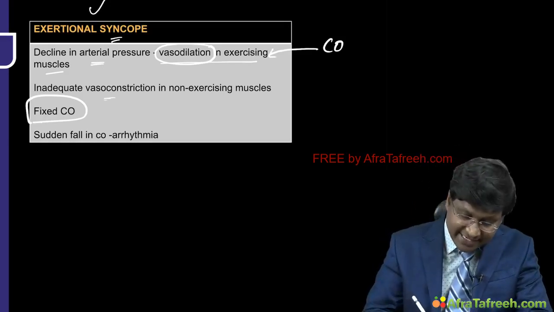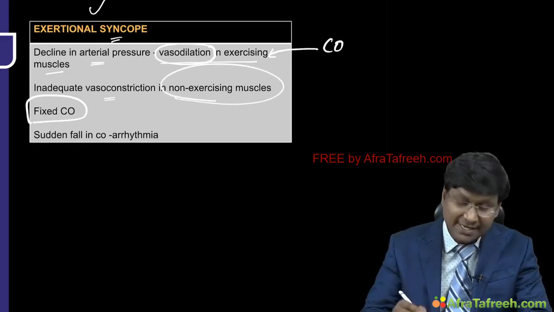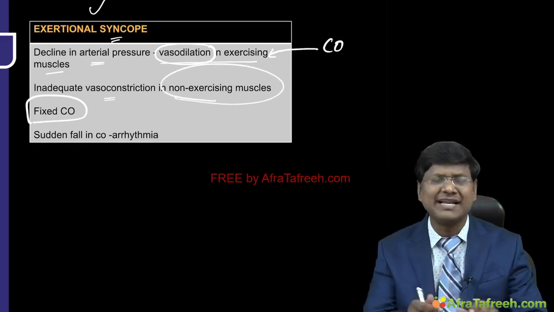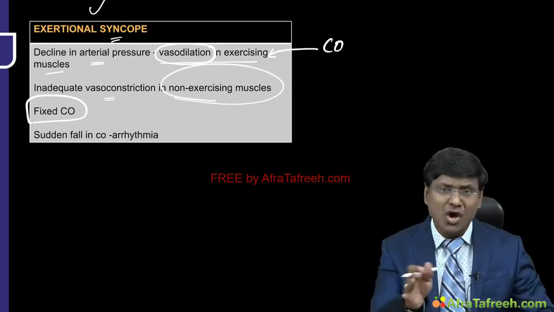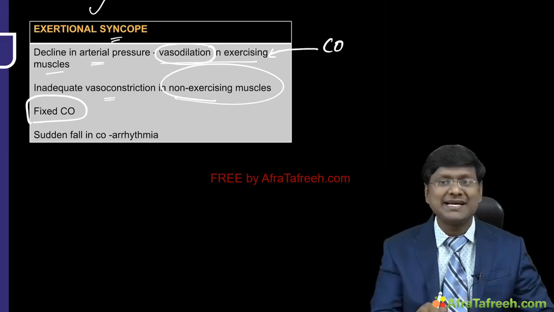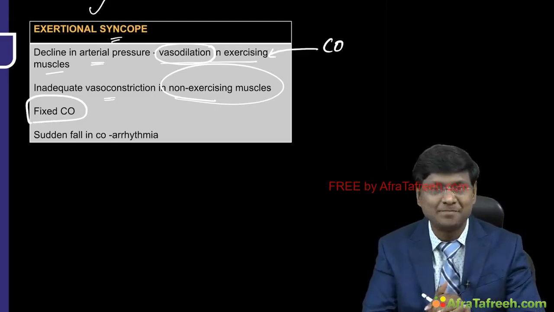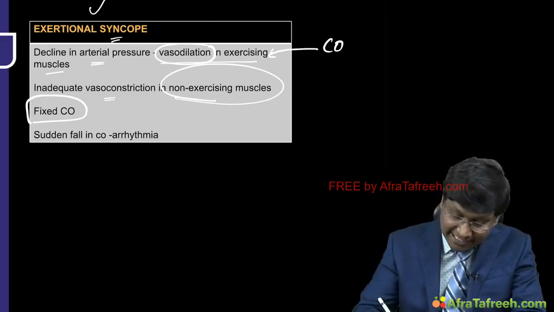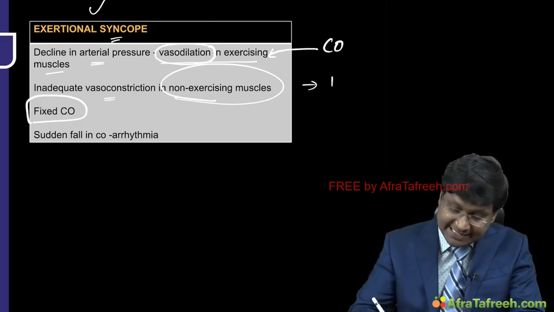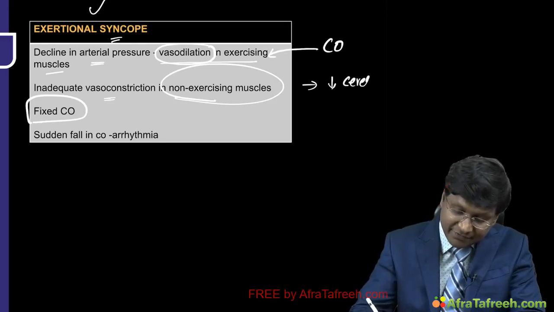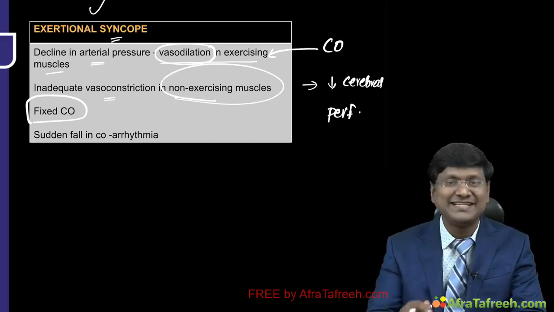And there is inadequate vasoconstriction in non-exercising muscles, like the facial muscles. In the non-exercising muscles, there is no adequate vasoconstriction as well. And that will cause a decrease in the cerebral perfusion, which will result in the syncopal attack.